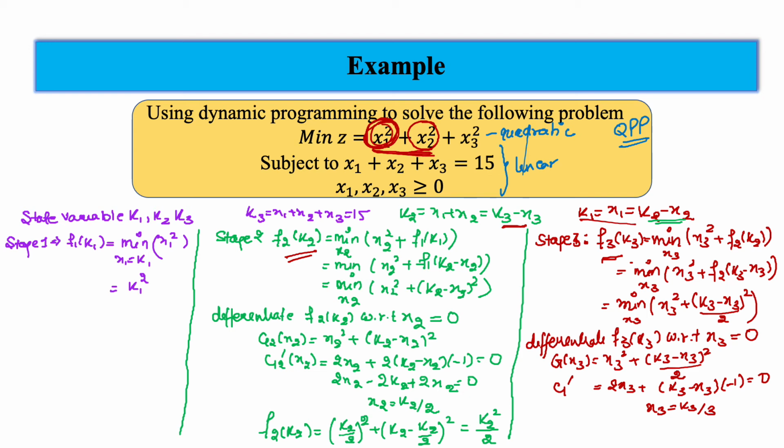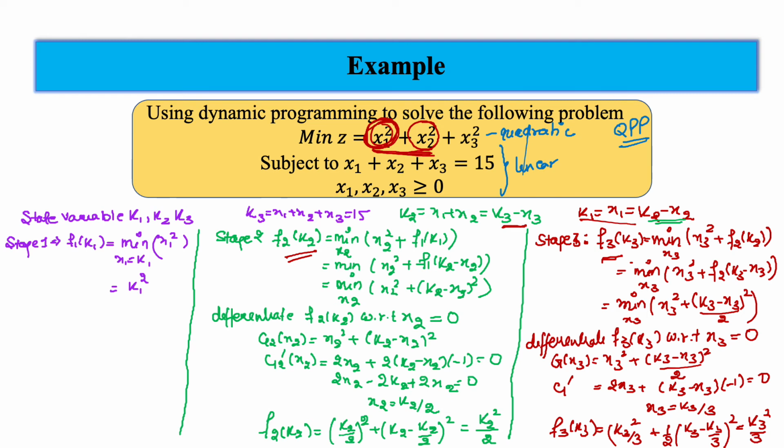So we obtained x3 equals k3 by 3. Now find out what f3 k3 is. Put the value of x3 in this equation, so you will get (k3 by 3) square plus 1 by 2 (k3 minus k3 by 3) whole square. When you solve it, you will get the value k3 square by 3.